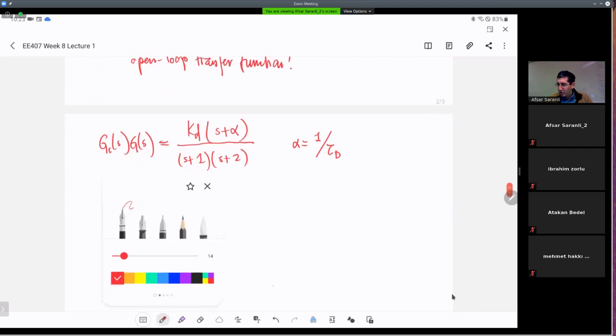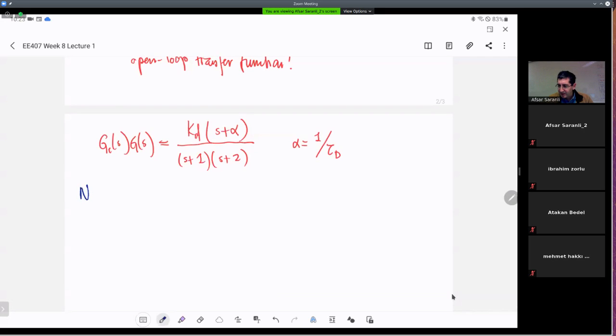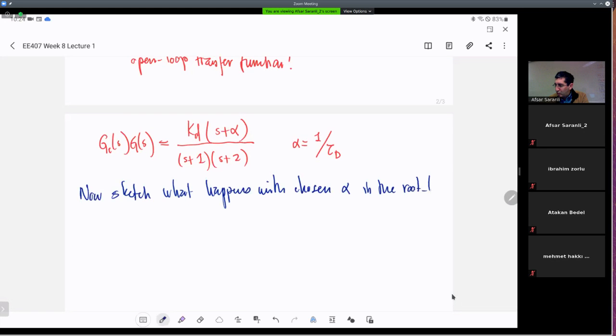Now let's continue with our root locus method, because that shows us now. Sketch what happens with chosen alpha in the root locus with respect to KD.